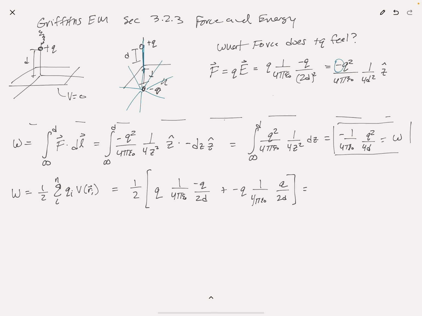I'm left with minus 1 over 4 pi epsilon naught q squared over 2d.